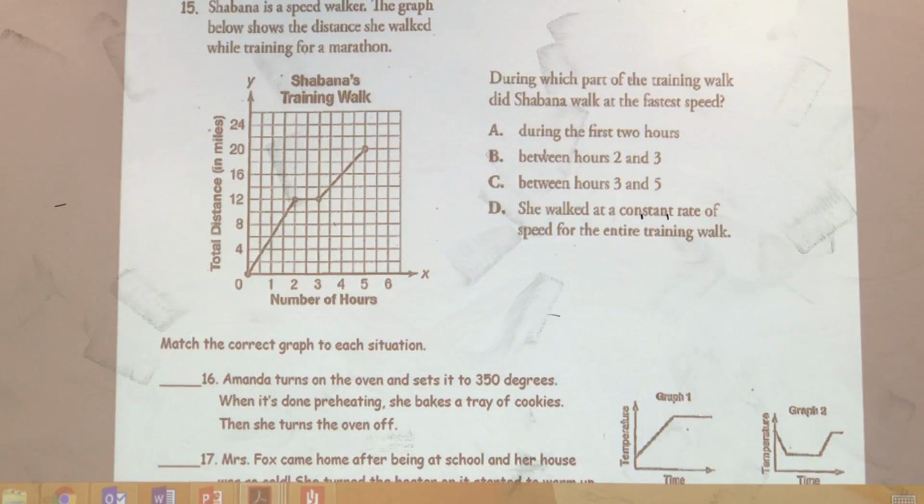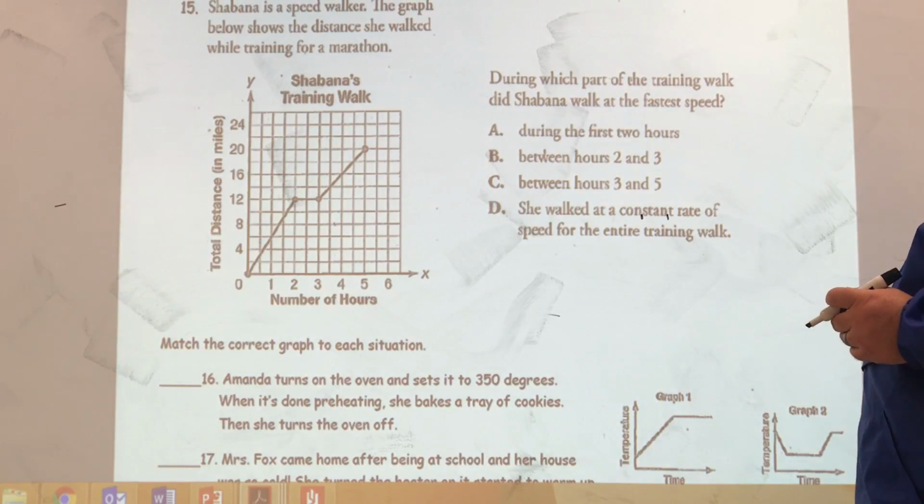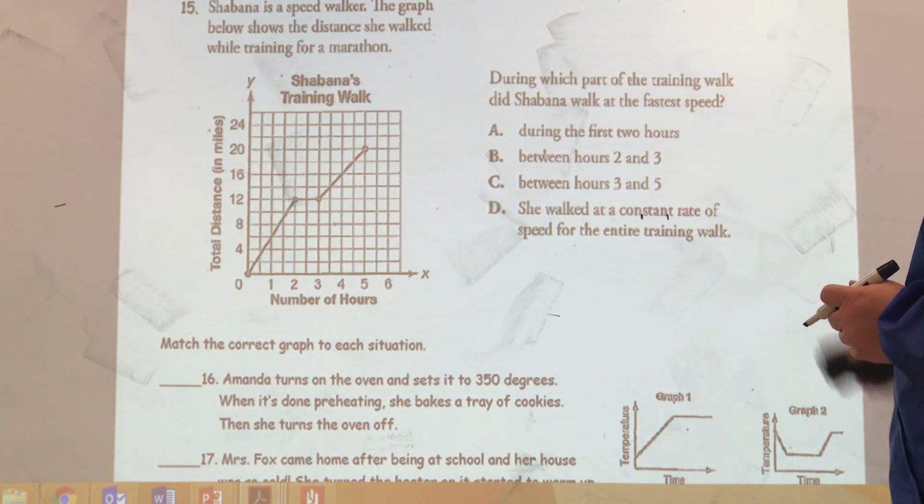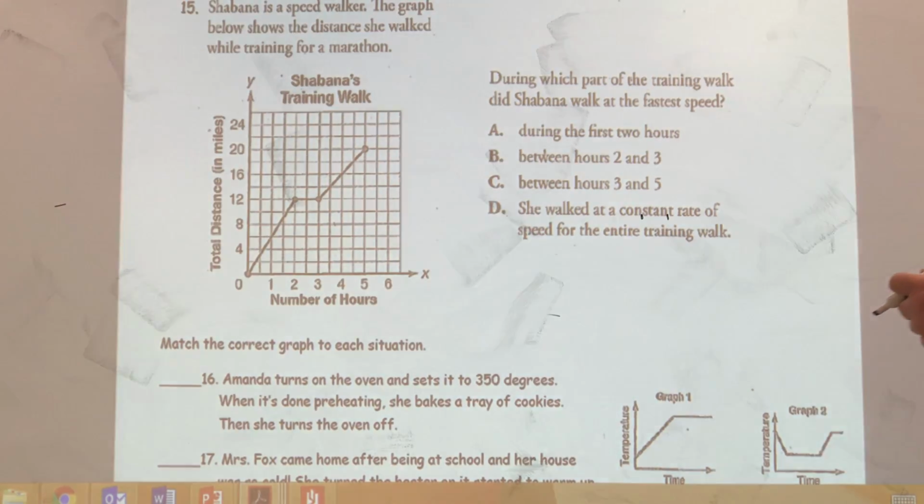Alright, not totally sure how to pronounce that name. I'm just going to go with Shaban. Is a speed walker. The graph below shows the distance she walked while training for a marathon. During which part of the training walk did Shabana walk at the fastest speed?